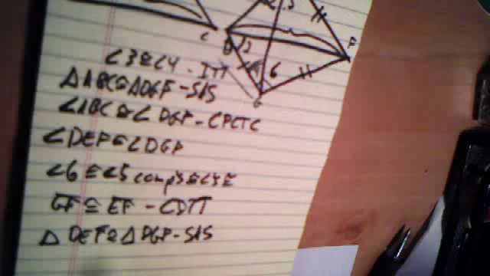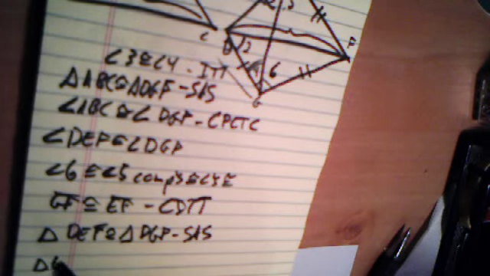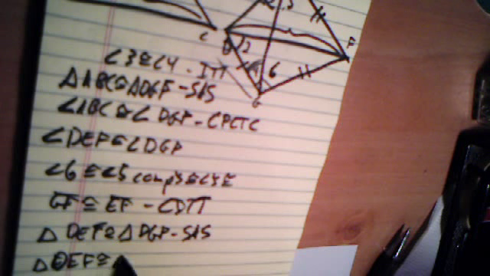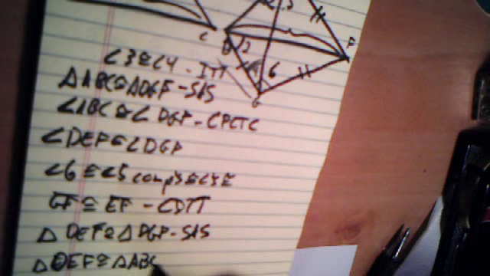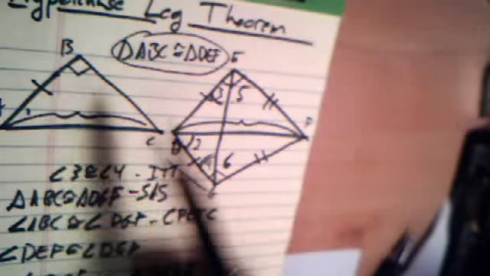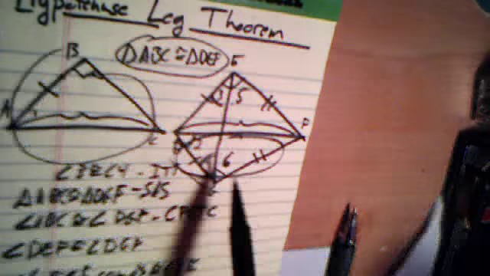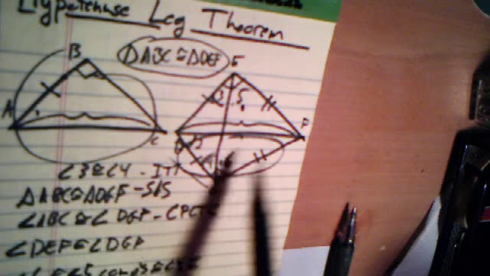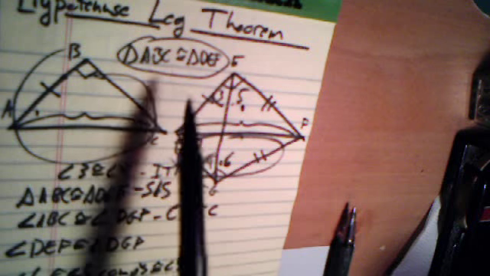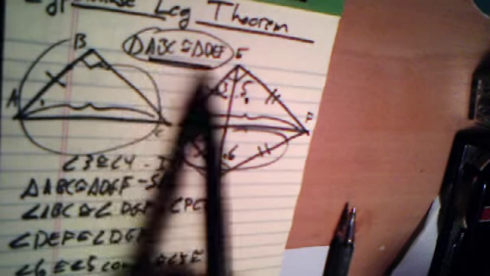And then we'll say that triangle DEF is congruent to triangle ABC by the transitive property. This big triangle here is congruent to this triangle, and then this one's congruent to this one. So they're all three congruent to each other, which gets us back to what we wanted to originally prove, that ABC is congruent to DEF.